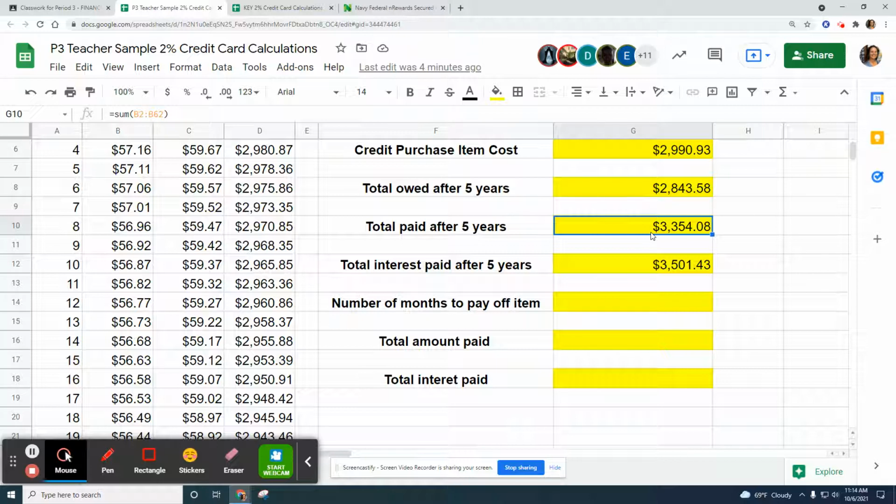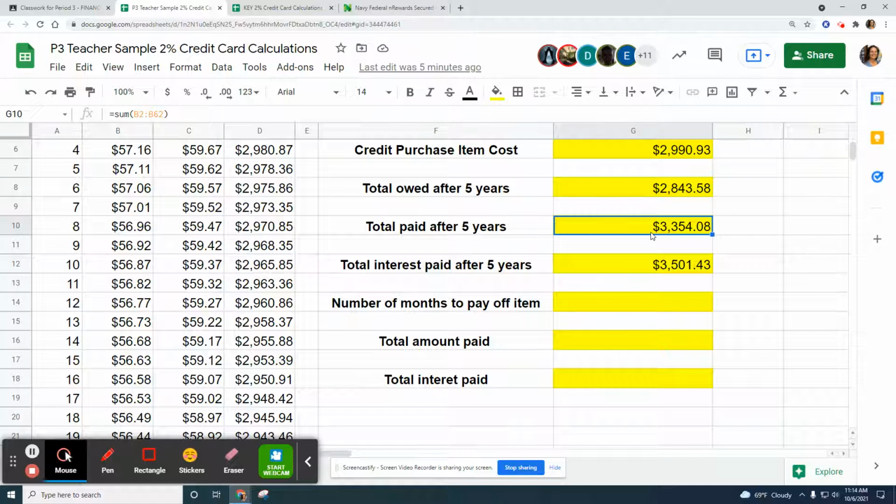Enter. Next, total owed after 5 years. Equals B62. Right now, it's not going to work. It's going to have a draft. Go back. Equals B62. You start typing it. Later it'll fill that in.